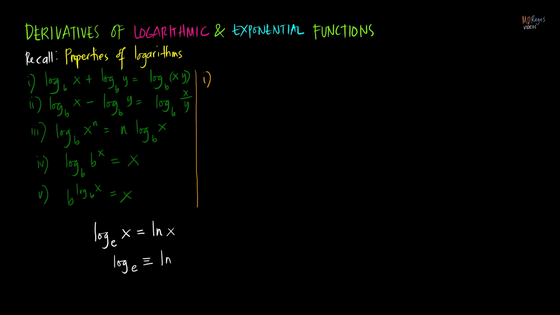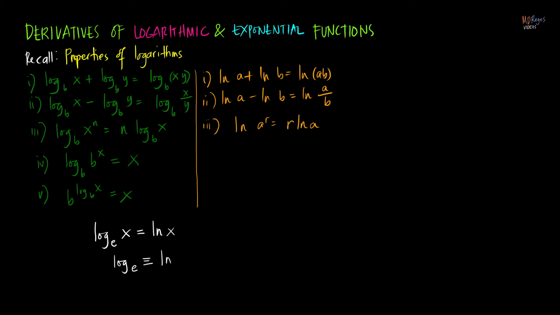This first one is equivalent to ln of a plus ln of b equals ln of a times b. May I just remind you of these properties. The second one is the same as ln of a minus ln of b. I'm just using a and b here, and on the other side I used x and y, but it's exactly the same properties. The third one is ln of a to the r is r times ln of a.